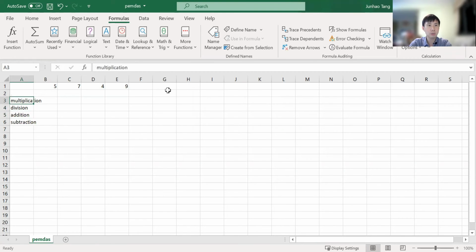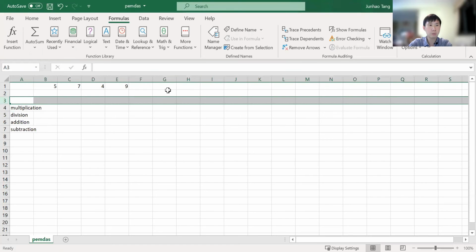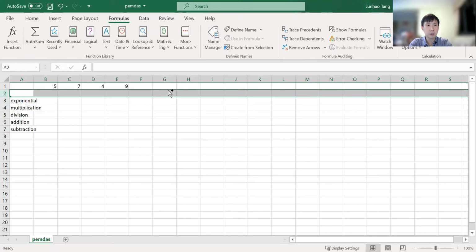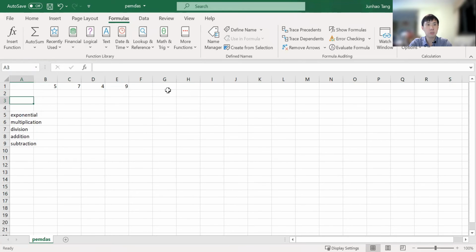What else? You also can do exponential. So you can do various operations like this. Let's dive right into an example to show how you can do it in Excel.